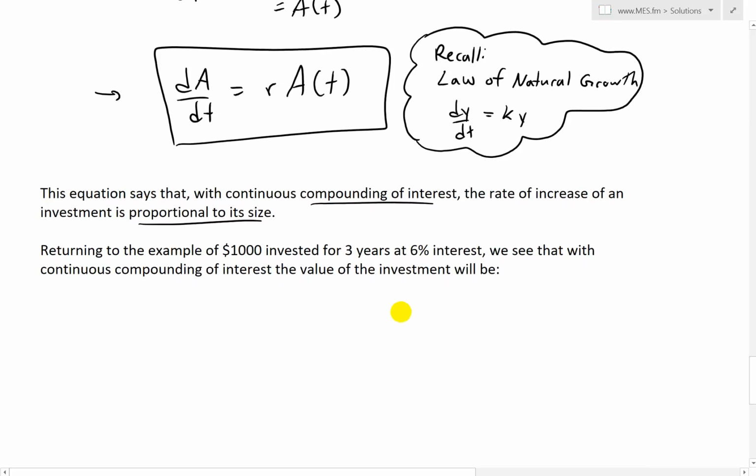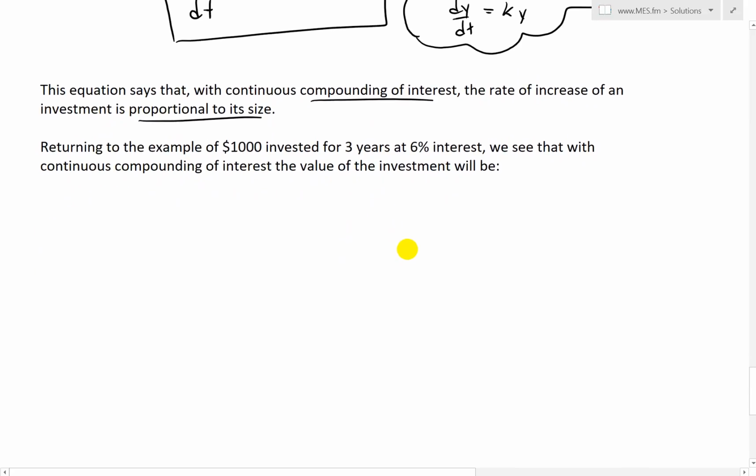So that's quite amazing. Now let's return to that example of $1,000 invested for 3 years at 6% interest. We see that with continuous compounding of interest, the value of the investment will be A at 3 years.